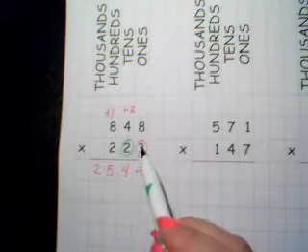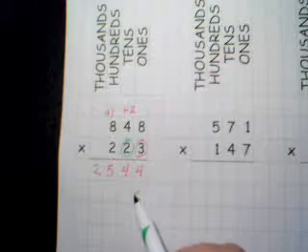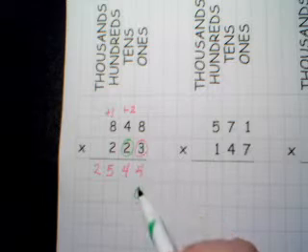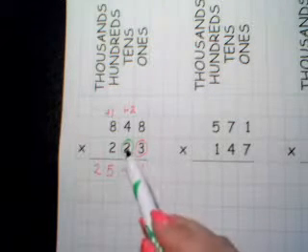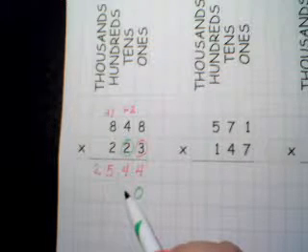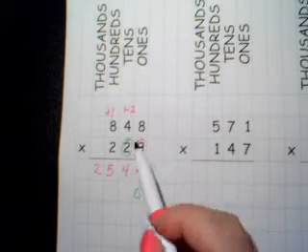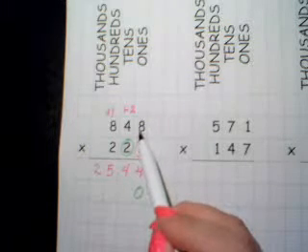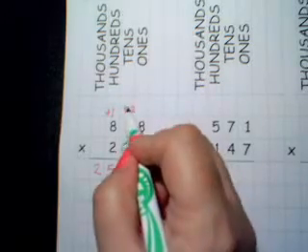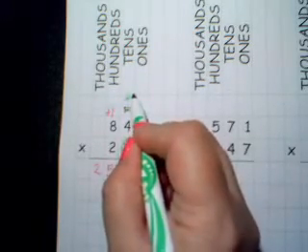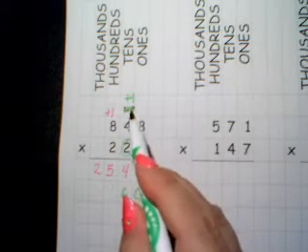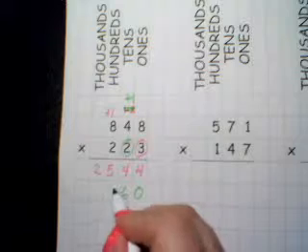You can either put a 0 in the ones column because there's nothing there, or you can just leave it blank, and when you put your first answer down, you have to remember to put it in your tens column, okay? So 2 times 8 is 16. We'll put our 6 here. Then we'll go up here and put our plus 1. 2 times 4 is 8, plus 1 is 9.